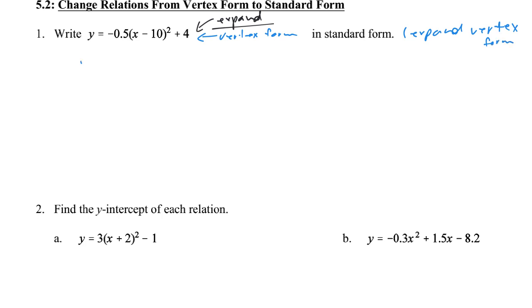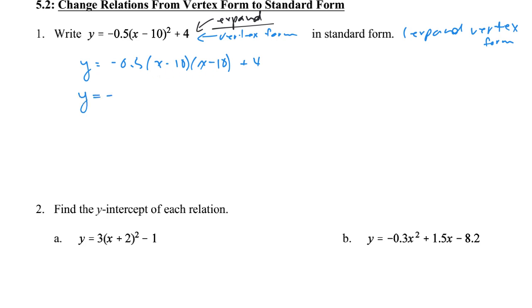So our equation is y is equal to negative 0.5 times (x minus 10) times (x minus 10), and the plus 4. And the reason why that is because of this power of 2 here. So now let's expand what's in the bracket, and we end up with this.